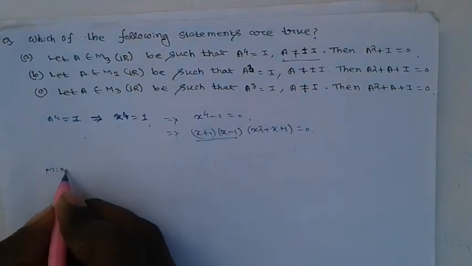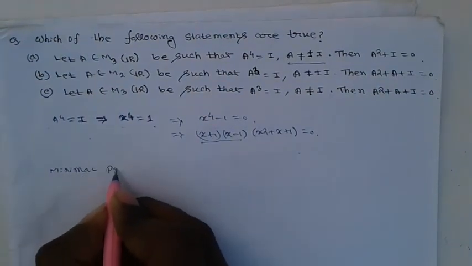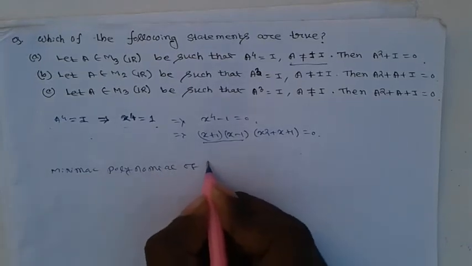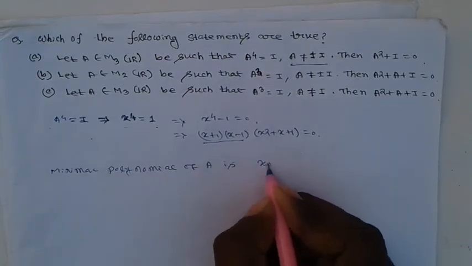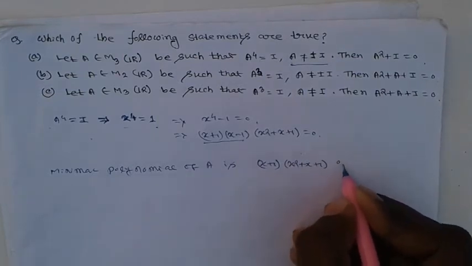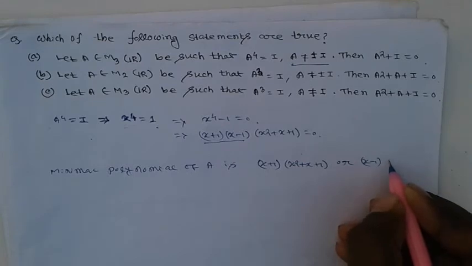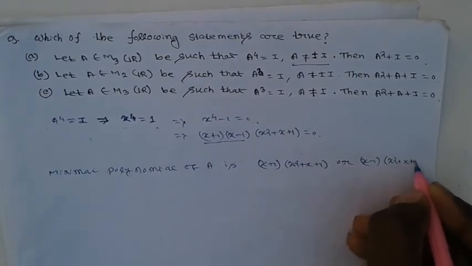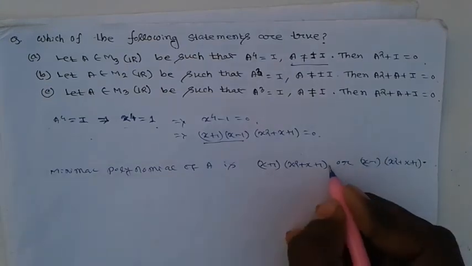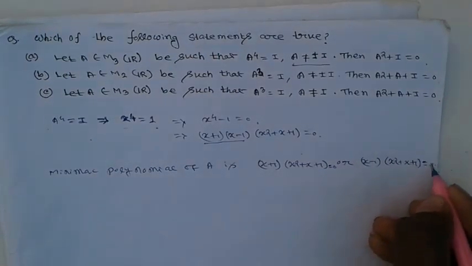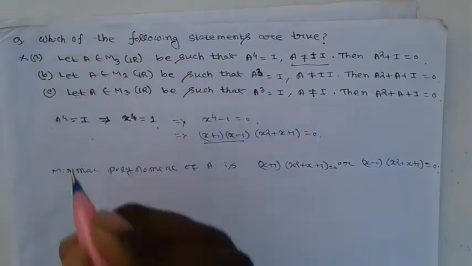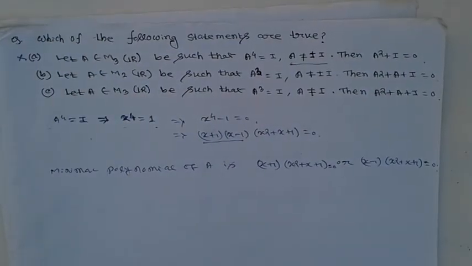So the minimal polynomial of A is either x plus 1 into x square plus 1 or x minus 1 into x square plus 1. So this equal to 0 or this equal to 0. So this is not necessarily true.